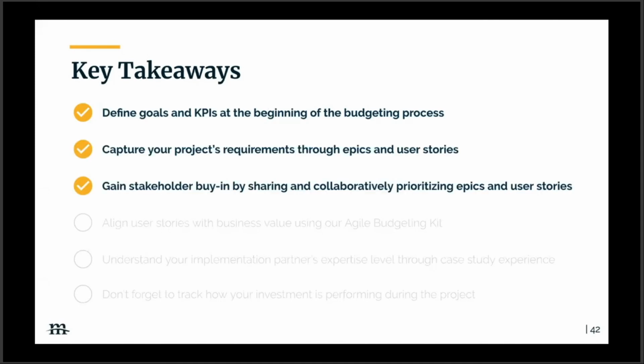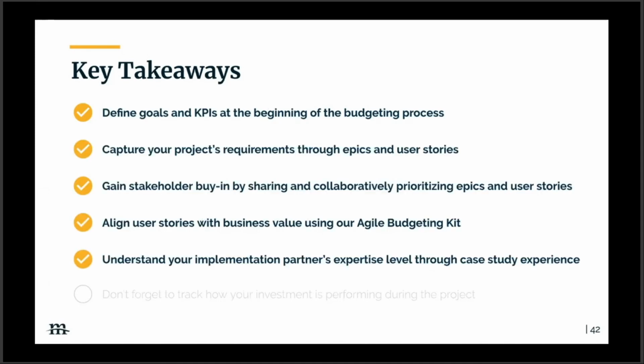Yeah, definitely. Goals and KPIs should be defined first. And those goals and KPIs are going to inform your requirements. So document your requirements as you go along in drafting those epics and user stories. Don't forget to collaborate with stakeholders to gain approval and get an understanding of how those requirements should be prioritized.